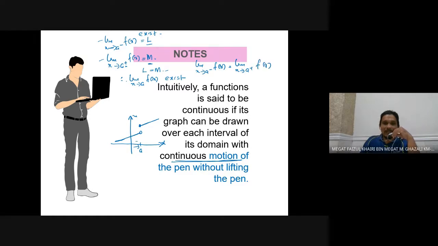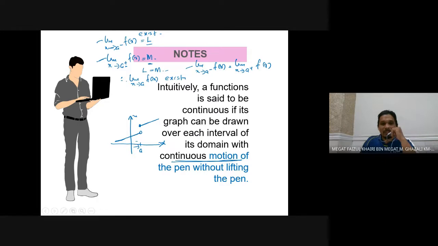If the limit from the left exists, the limit from the right exists, and the limit from the left equals the limit from the right, then we conclude that the limit of f(x) exists. So 1, 2, and 3.